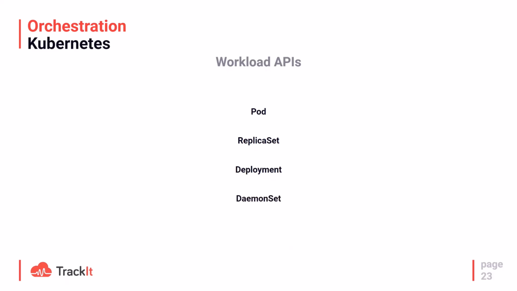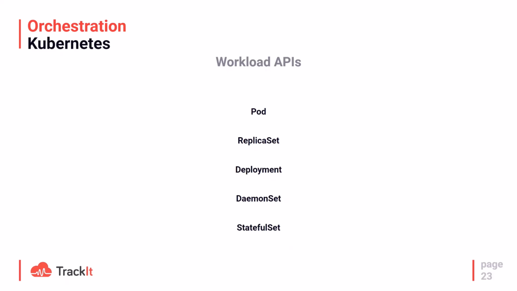You also have the daemon sets, which are very useful for creating replicas on a per-node basis. So if you have a service that you want to run once per node that you are adding to your cluster, that's a daemon set you're going to use. And the last one is the stateful sets, which are very useful for managing a set of pods.